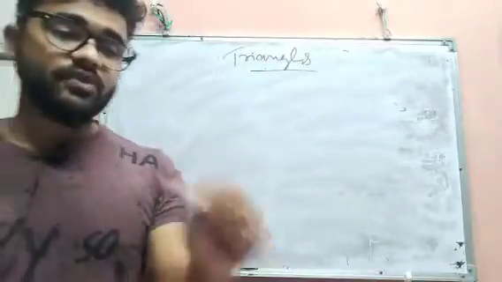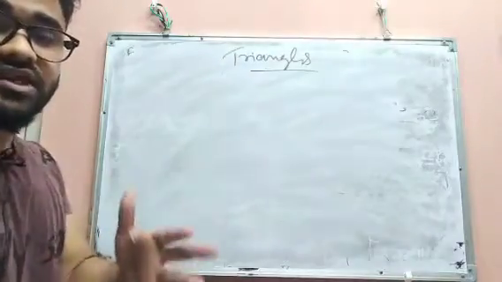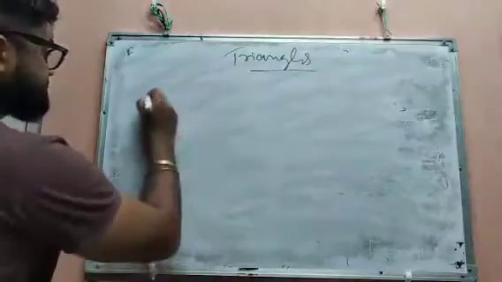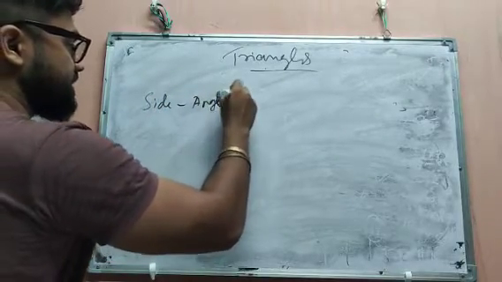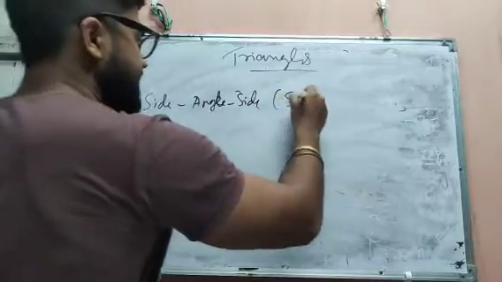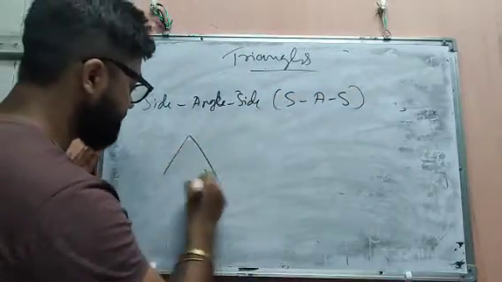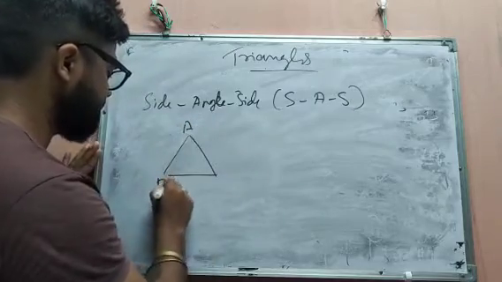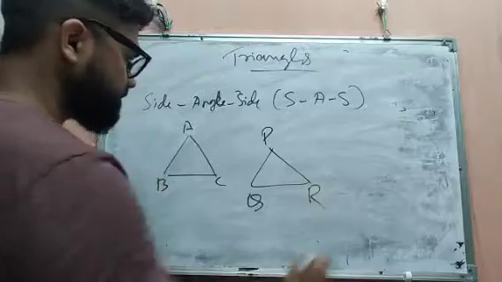Okay, so see first criteria when these two triangles will be congruent. First, side angle side, or you can say SAS. Suppose you are given two triangles ABC and PQR.